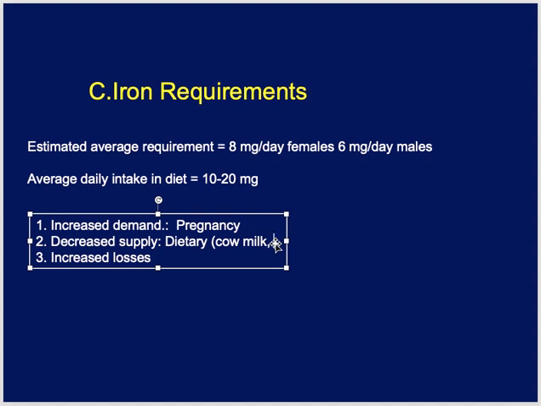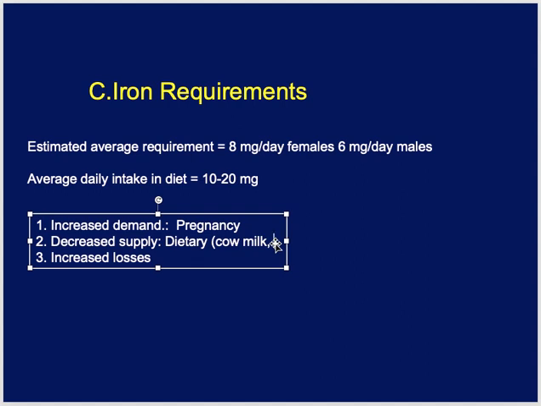When their intestines are not absorbing it, it can lead to iron deficiency anemia, because whatever diet you take, either rich in iron or not, your intestine is not going to absorb it anyway. So it is going to lead to iron deficiency anemia.